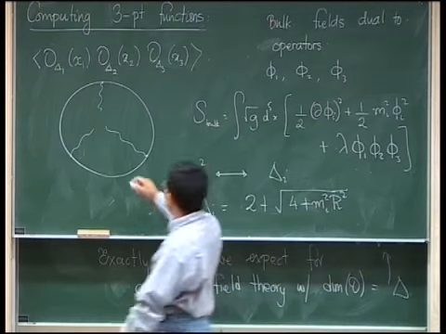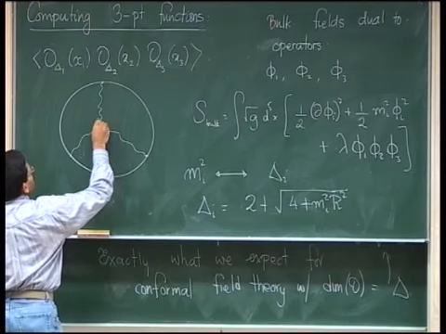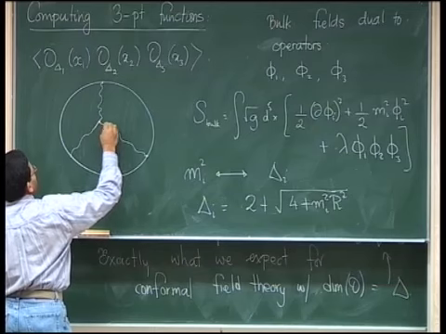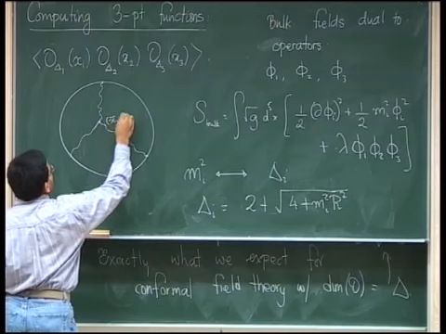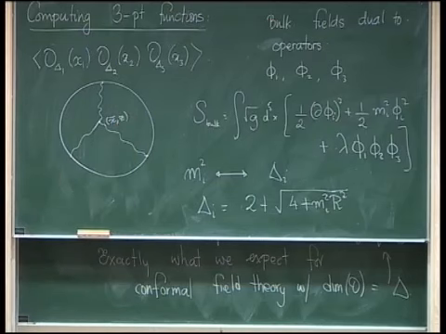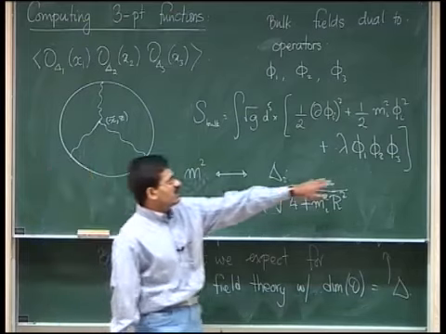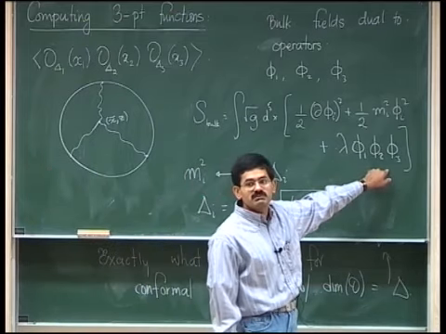So I have my 3 fields, and in the bulk, at some point x, z, the 3 points are brought together by this interaction term.